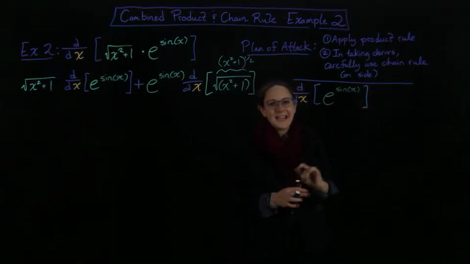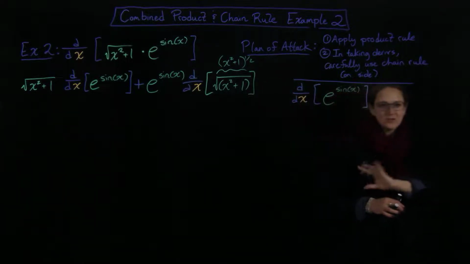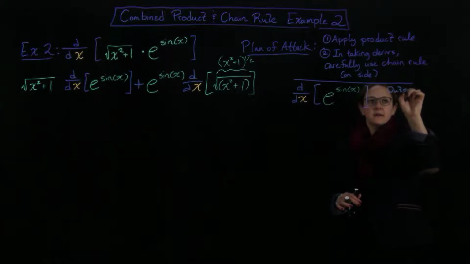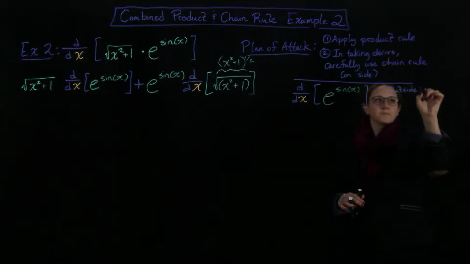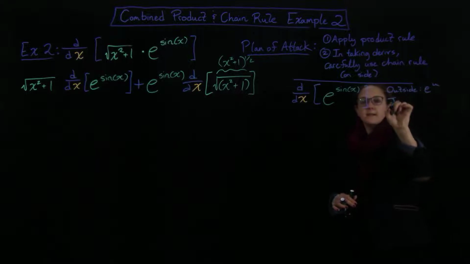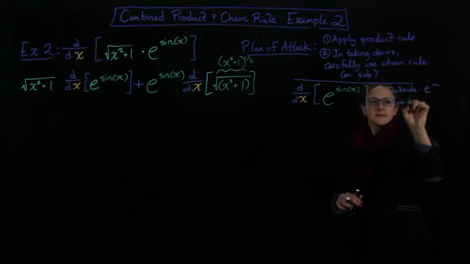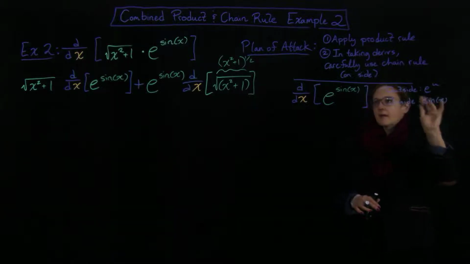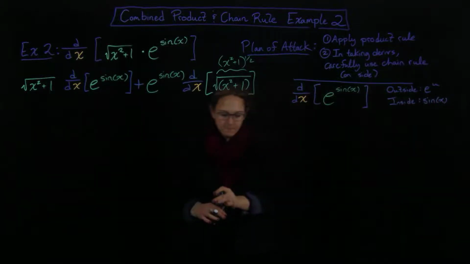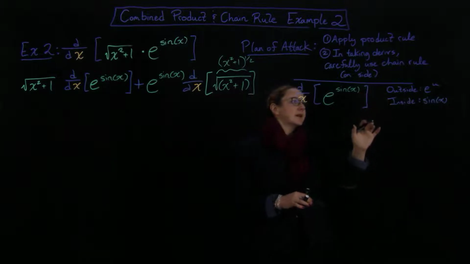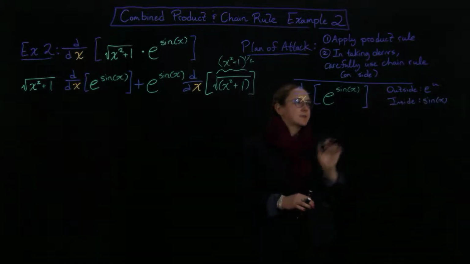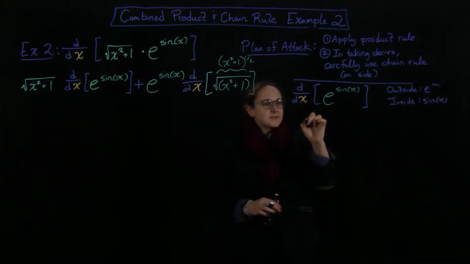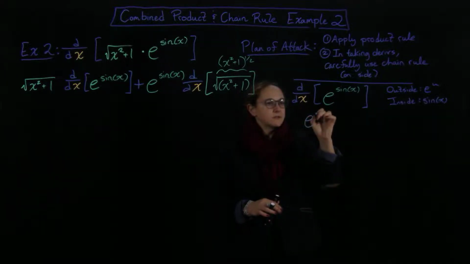My outside is going to be e to the u, and my inside is going to be sine of x. So what happens when I take the derivative of the outside? I still get e to the u.